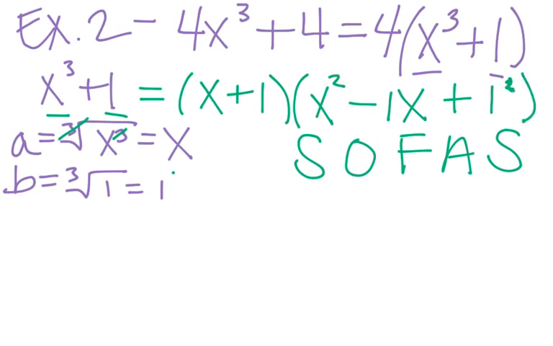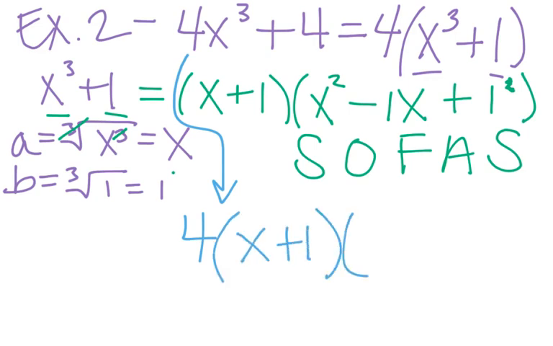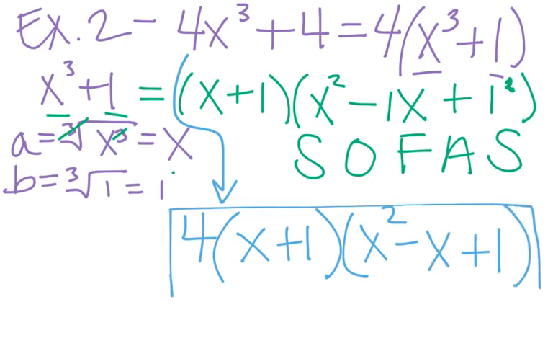So for our final factorization from the original, we can't forget about our GCF. So the final is 4 times x plus 1 times x squared minus x plus 1. So that is the factorization for 4x cubed plus 4.